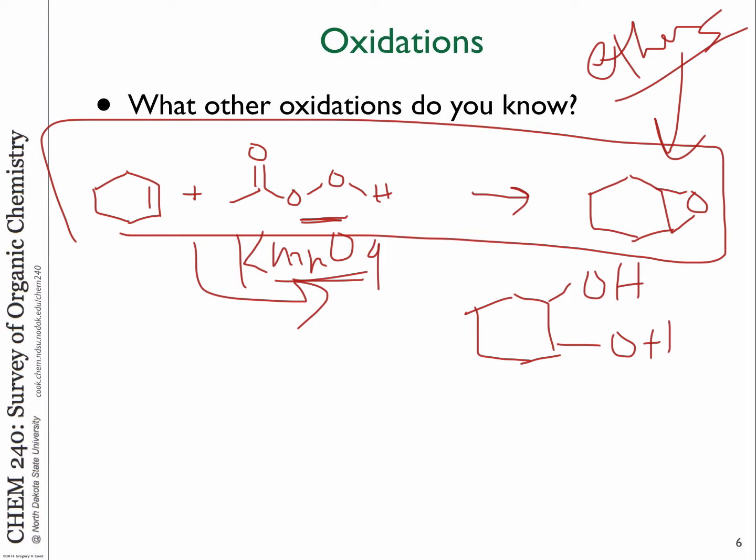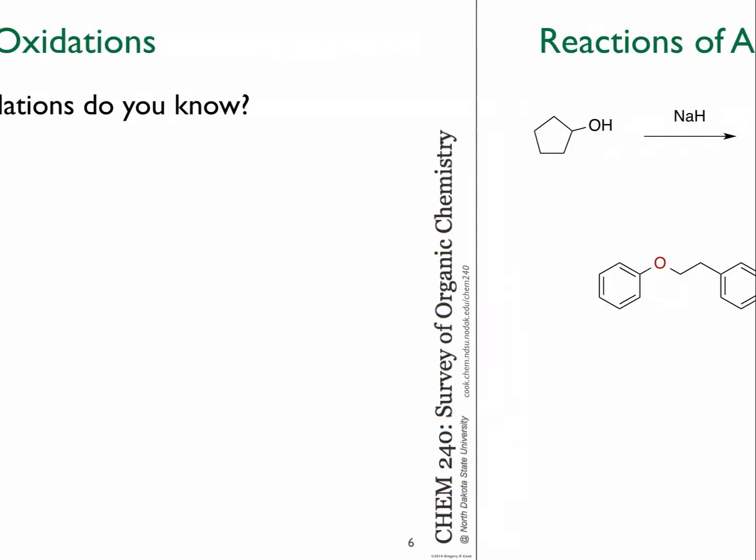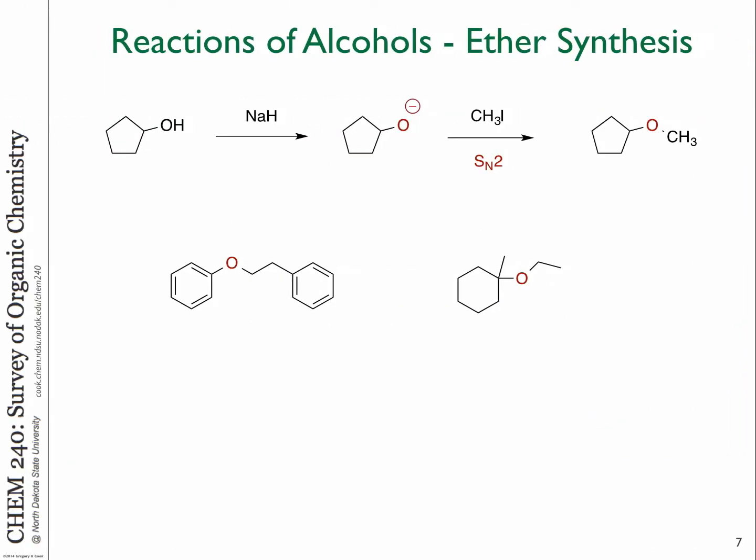Okay, so oxidations. Pyridinium chlorochromate stops at the aldehyde. The chromium oxidants go higher to generate the carboxylic acid. Okay. We touched a little bit on this last week too. Alcohols can react as an acid with the appropriate base.